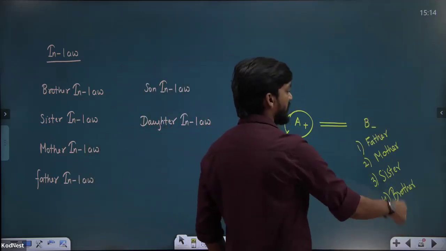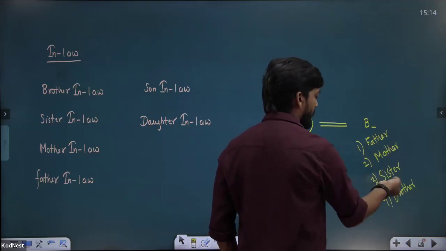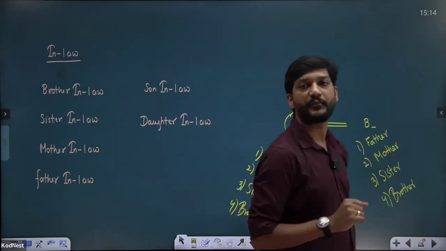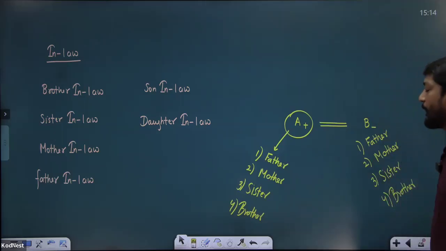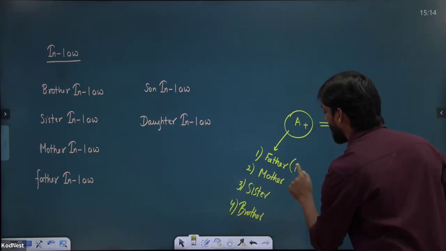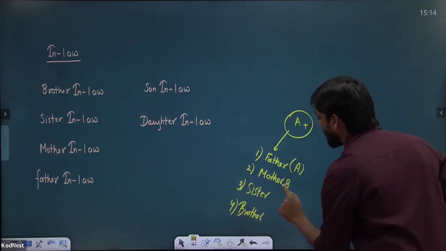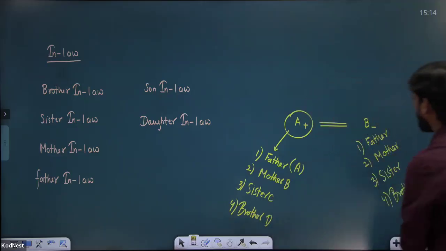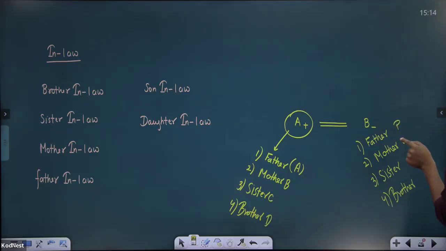Now, this represents real father, real mother, real sister, real brother for the wife. Now, you have to tell this person, let's call this as A, B, C, and D. Let's call them as P, Q, R, S.